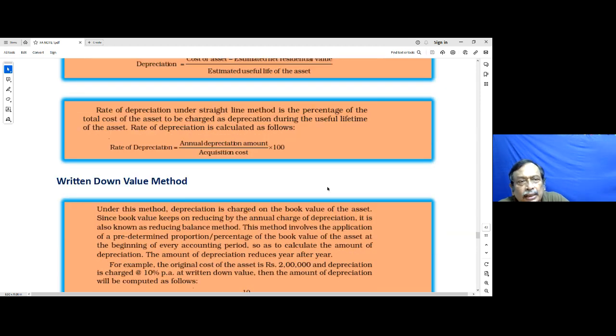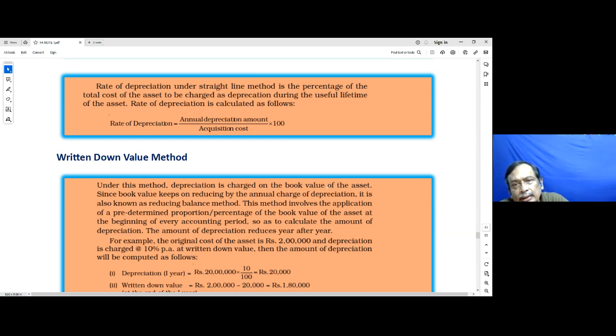Now, the rate of depreciation under the straight line method is the percentage of the total cost of the asset to be charged as depreciation during the useful lifetime of the asset. The rate of depreciation is calculated as annual depreciation amount divided by acquisition cost of the asset, multiplied by 100.